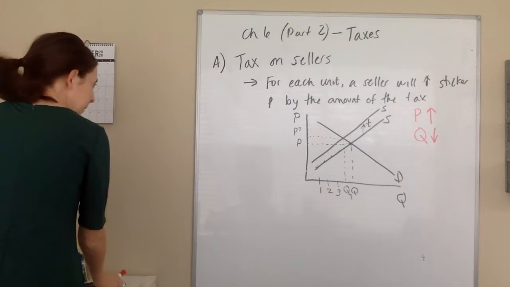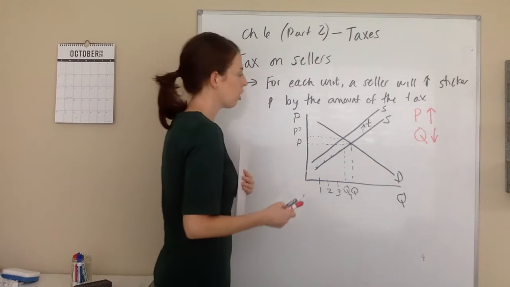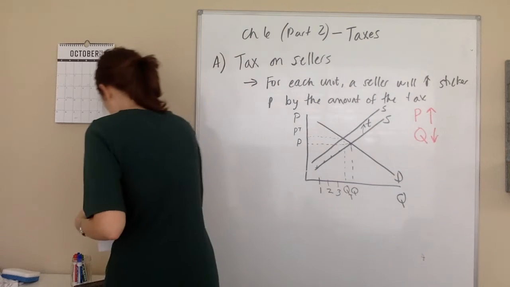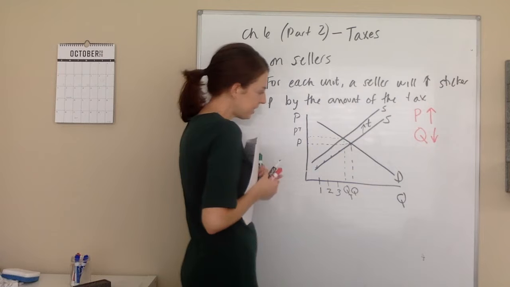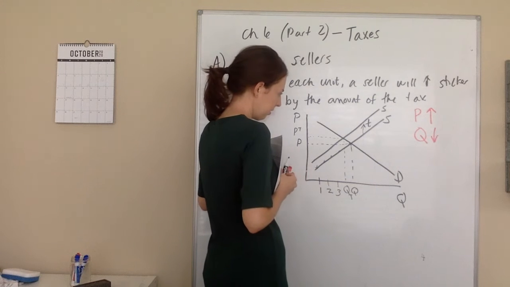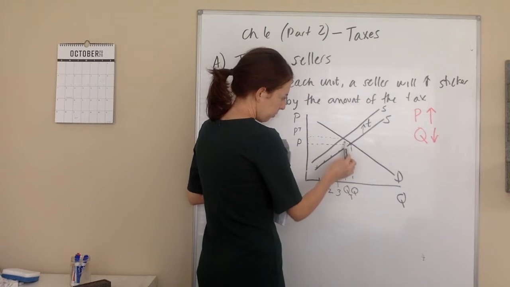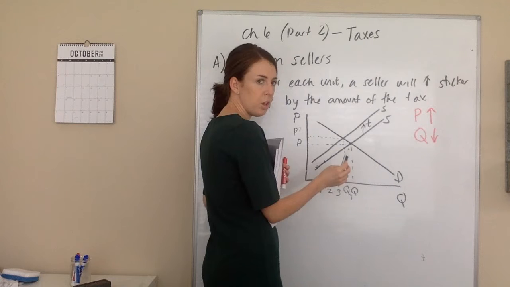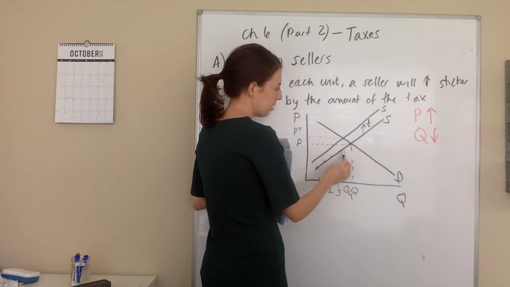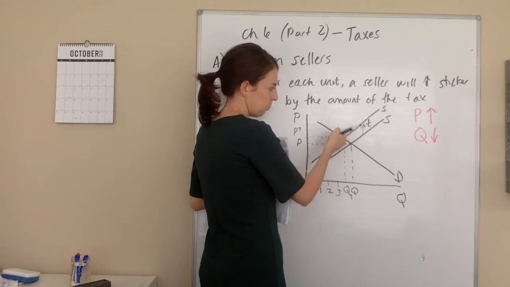So let me add to the existing picture. Let's think about this little segment right here, the distance between here and here. First of all, note that's equivalent to the amount of the tax, because the curve just moved up by the amount of the tax.